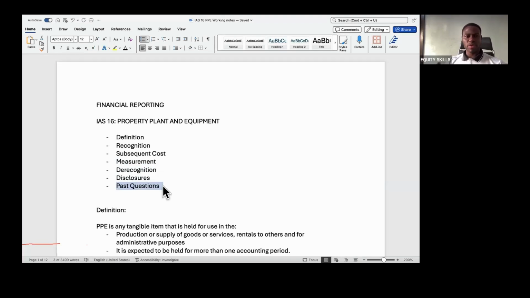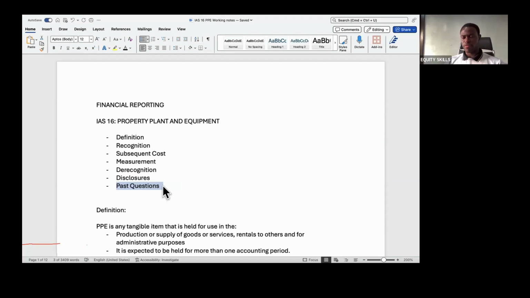So we defined PPE as any tangible asset or any tangible item that is held for use in the production or supply of goods or services, rentals to others, and for administrative purposes. And it is expected to be used for more than 1 year. And we said you can recognize PPE in your books when two criteria are met.